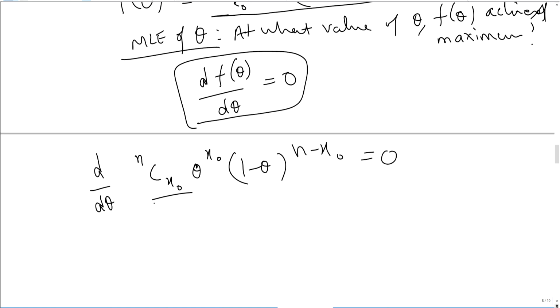So, this can be taken out because it does not have any theta component. We are only concerned about the quantities which have a theta component.